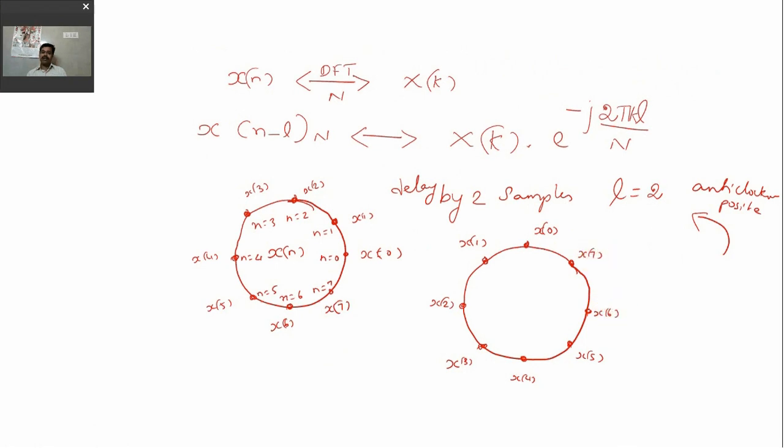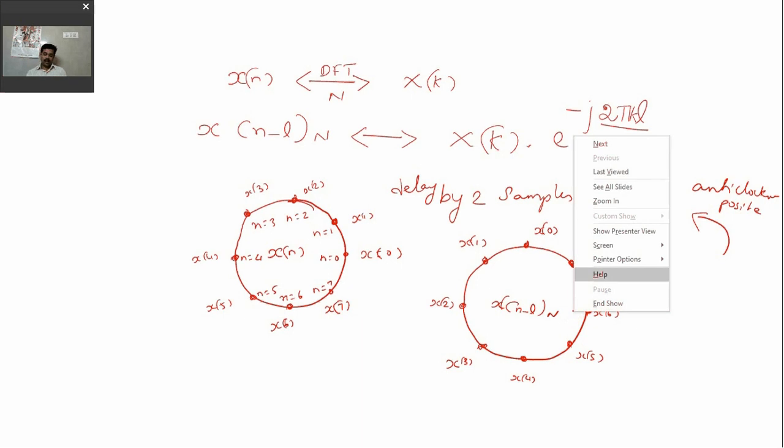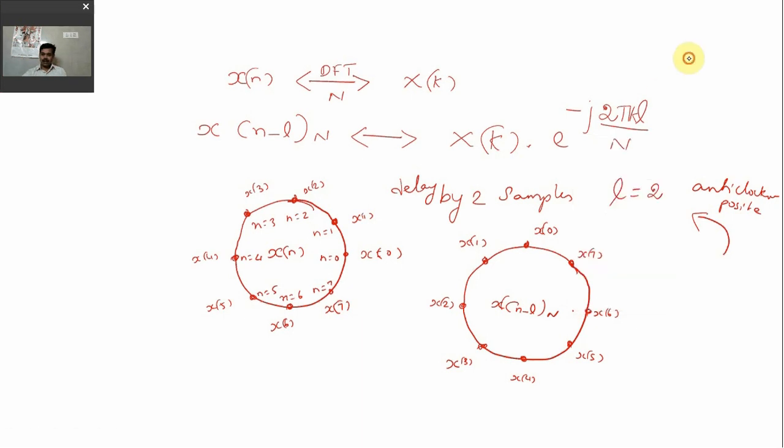So I have delayed the sequence by 2: this is x of n and this is x of n minus L, delayed by two samples. Initially you had x of 0 at this point, and now you have delayed by two samples.